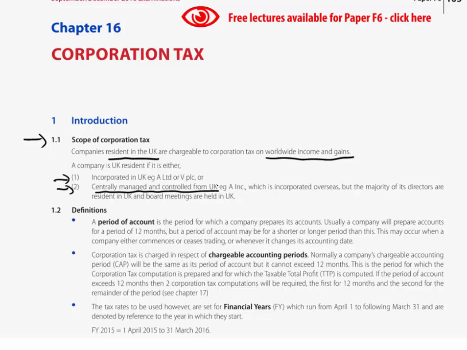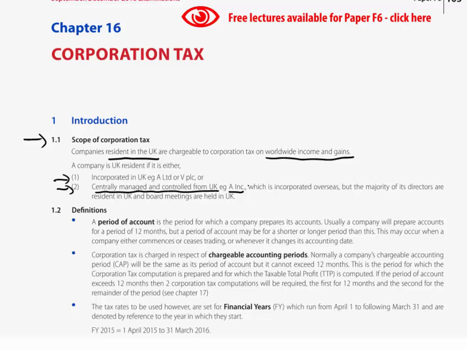So we see a company, for example, A Inc. So it's not A Limited, it's not A PLC, it's A Inc. or any other designatory letters you may care to put there. But usually Inc. would be the one used in a question. Now that will imply that it's incorporated not in the UK, i.e. overseas.